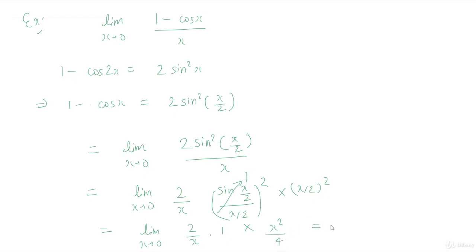So this is coming as limit x approaches 0 of x by 2, and now we can plug in x equal to 0 in this. So this will come as 0. So the answer is 0, right?